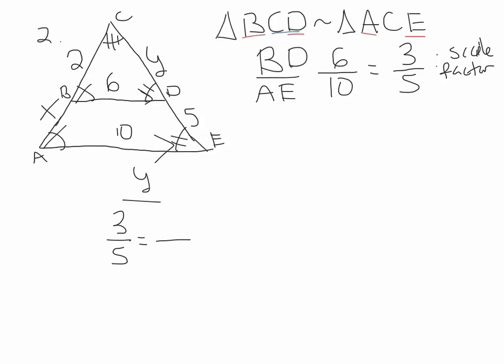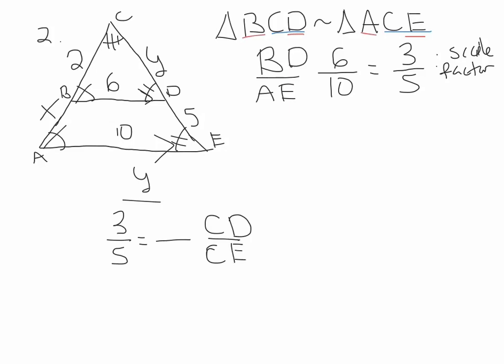So it's this segment, and CD corresponds to CE, this entire segment. So CD here, at length y, corresponds to this entire segment CE. So that's the relationship we're going to set up.